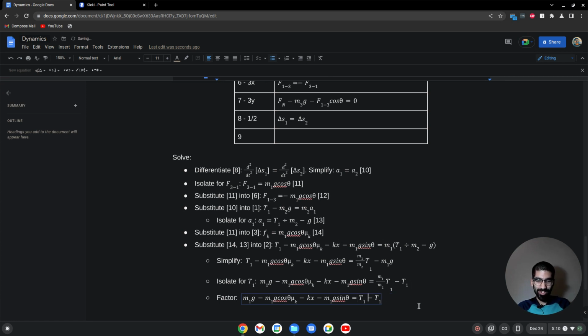Very useful, thank you Google Docs. Okay, we have m1 over m2 minus 1. There we are, factoring. And we're going to divide both sides by this thing over here so that we can isolate for t1.